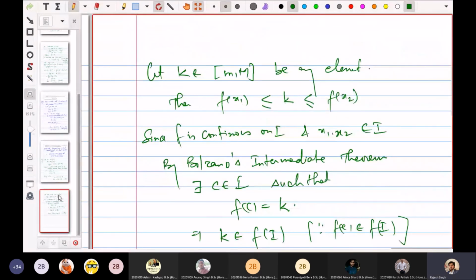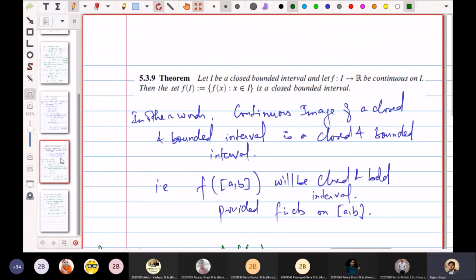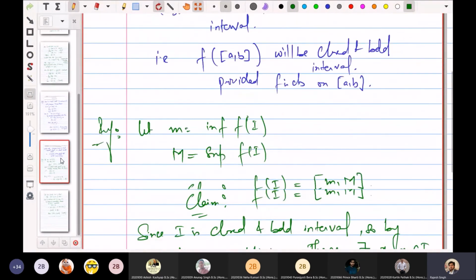Fine, is the proof clear? Yes, sir. So what we have proved is that continuous image of a closed and bounded interval is a closed and bounded interval.